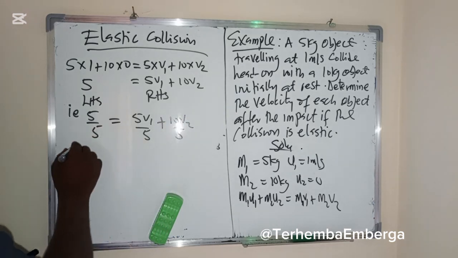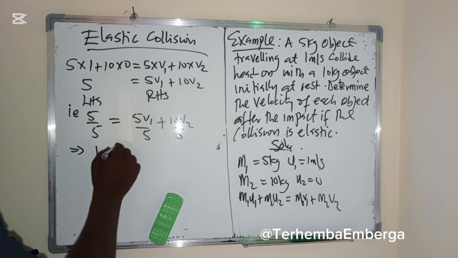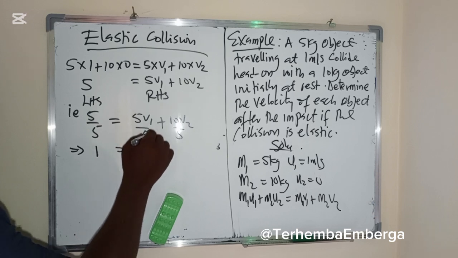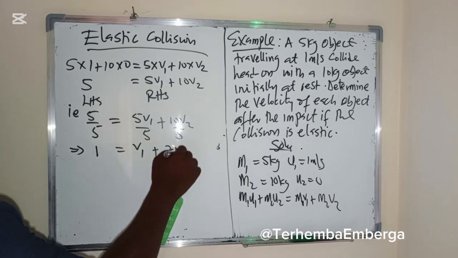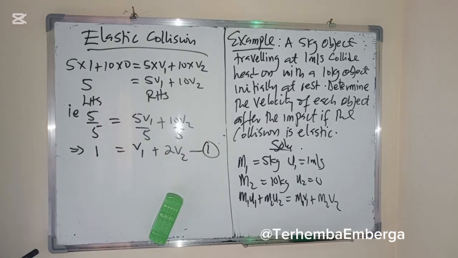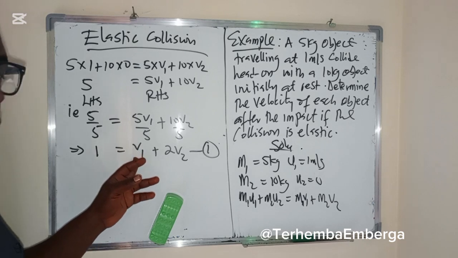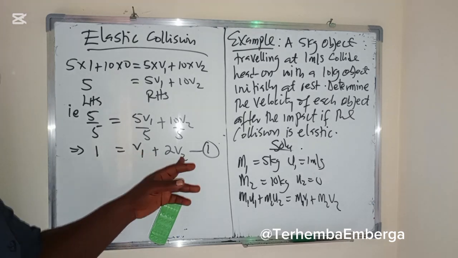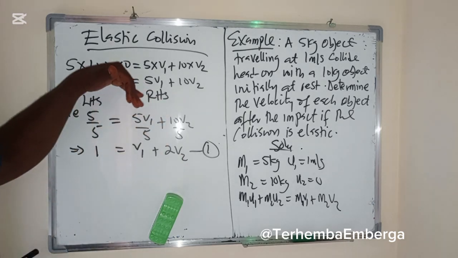Of course, this reduces to 1 equal to V1 plus 2V2, which is equation 1. It's an equation that we must solve because we have two unknowns here, V1 and V2. This is in terms of momentum.